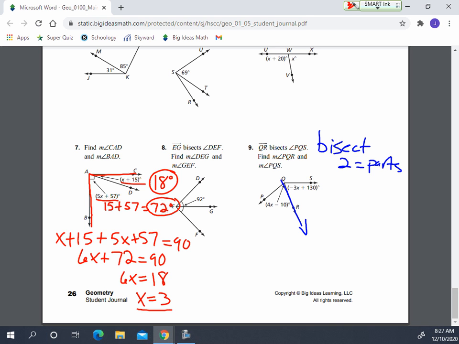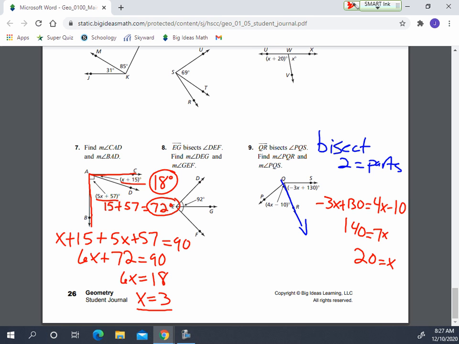We can say negative 3x plus 130 is equal to 4x minus 10. From there we can solve for x. Add 3x to both sides, we get 7x minus 10. Or actually, I'm going to add 10 to both sides too. 7x is equal to 140. Divide by 7, you get 20 is equal to x.